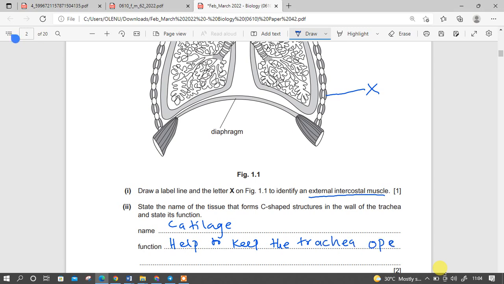It keeps the trachea open and prevents collapse, so air will flow easily. That's it.